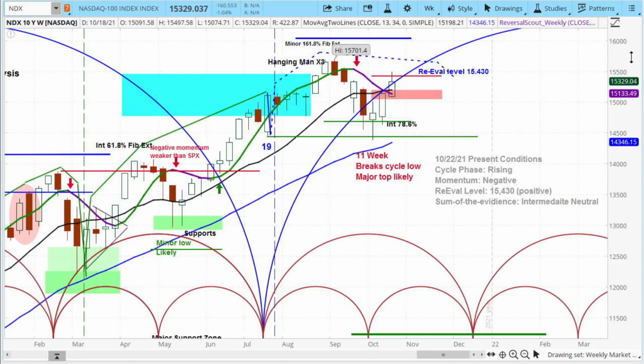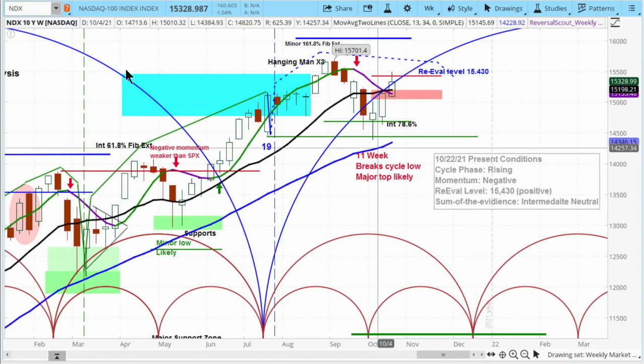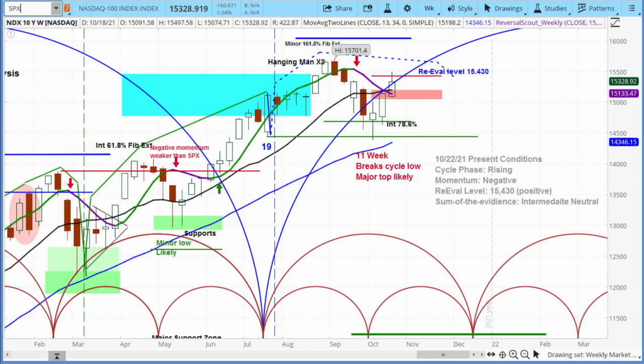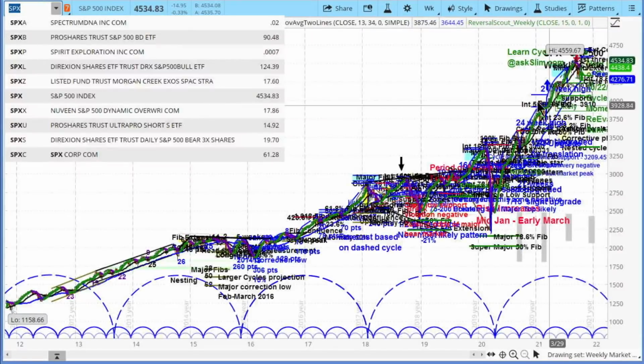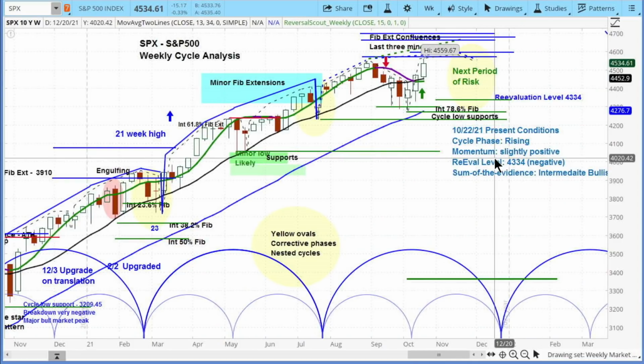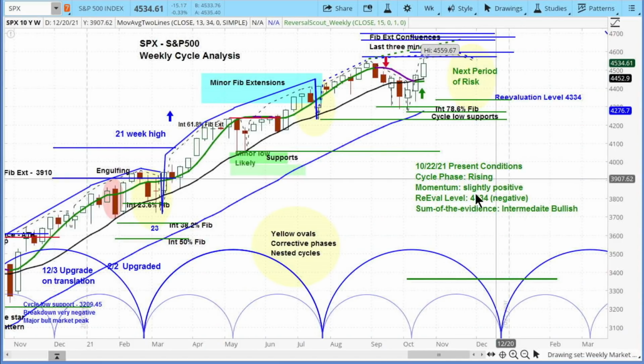But right now it's neutral. That's why this is gray. In the S&P 500, I'll go back to that chart, I put that up in green so that you could see that it's actually a bullish overall condition in the sum of the evidence. So that is a look at the S&P 500 and at the Nasdaq.